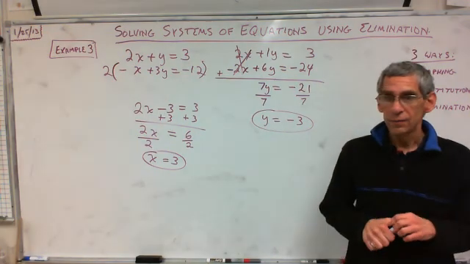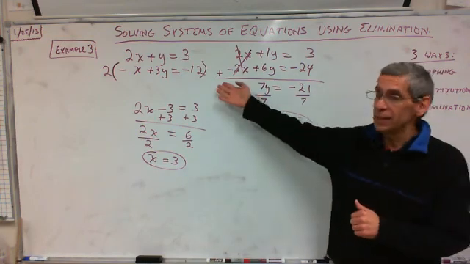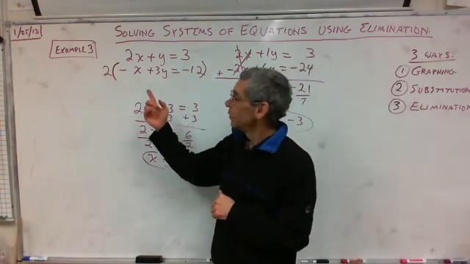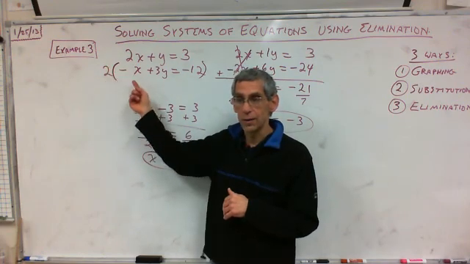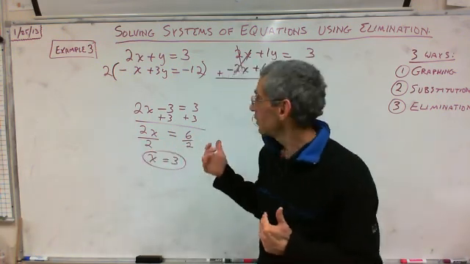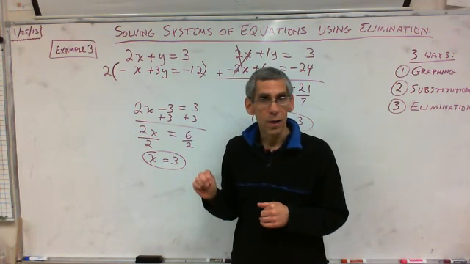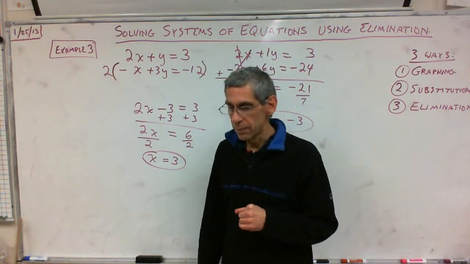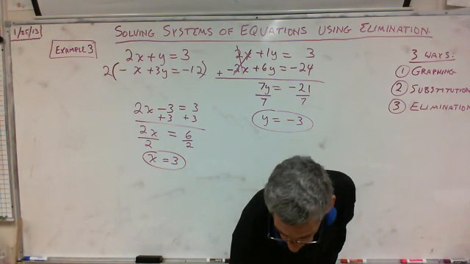There are sometimes when you have to multiply both equations by a number in order to make them line up, but sometimes this can be way simpler than substitution, way simpler. And you'll see that when we do my other lecture. I'll show you. So I think that's it for now for this lecture. I'm going to give you the homework and you guys can start on it. Hooray!